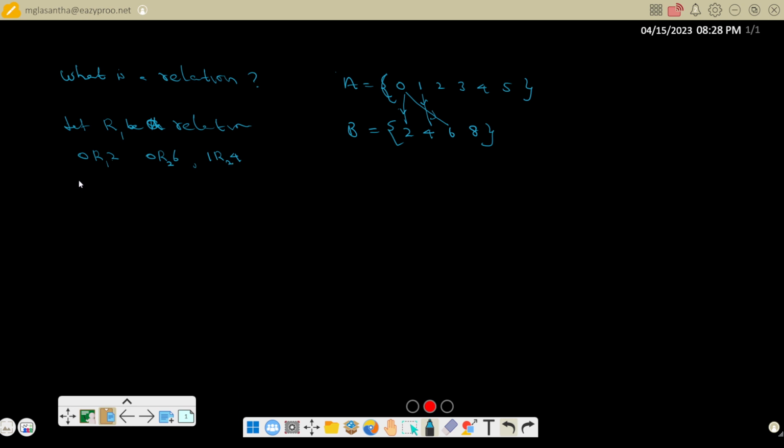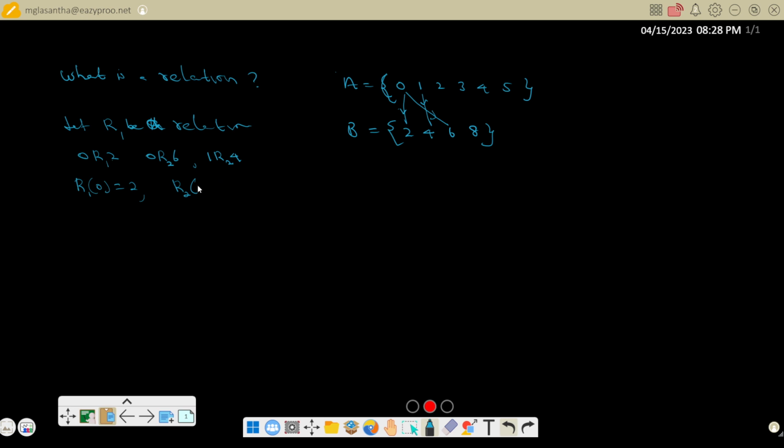Or you can write R1(0) = 2, just like a function. But these relations are not functions. Functions have some special properties, right?